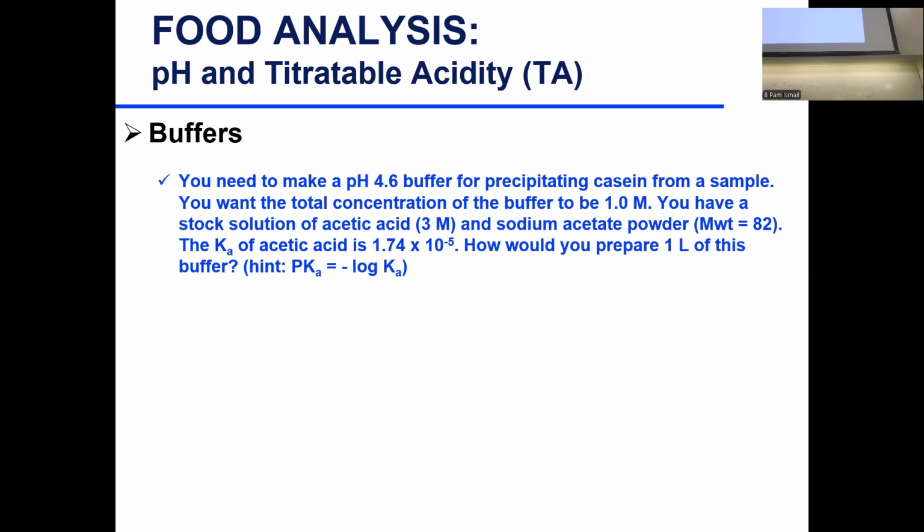And then put a stir bar and just put this that you weighed in that beaker, let it stir, take that 400, put it here, add your 197 milliliter of your acid. And then make up the volume.